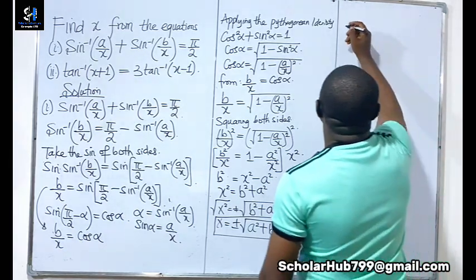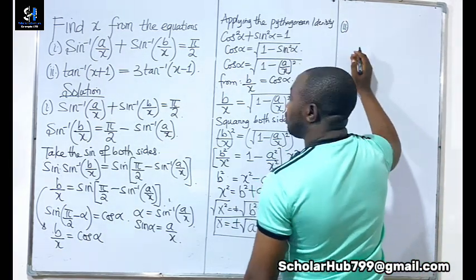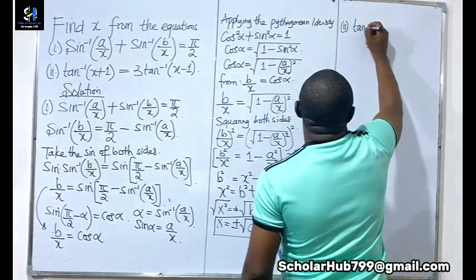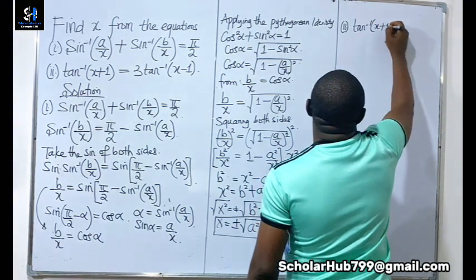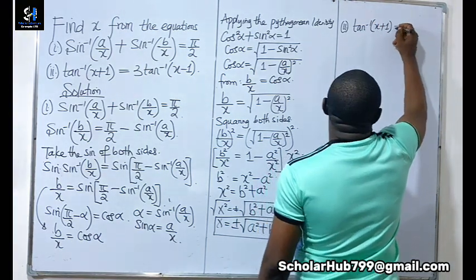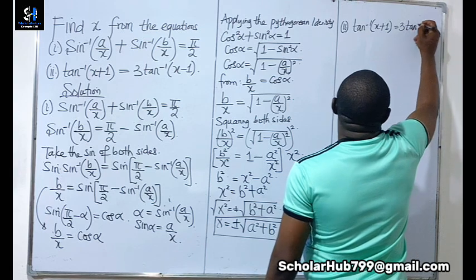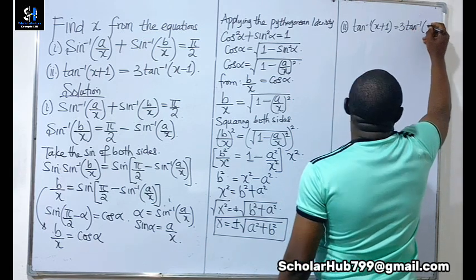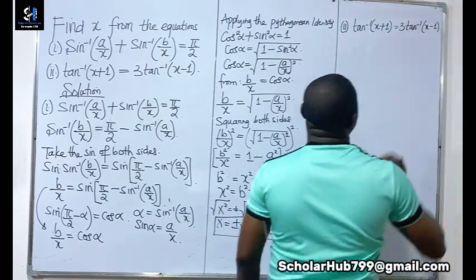Now let's look at Roman numeral 2. We are given inverse tan of x plus 1 equals 3 inverse tan of x minus 1.